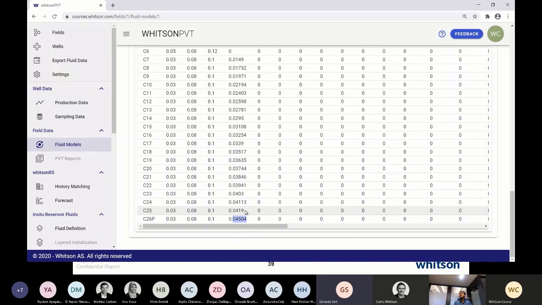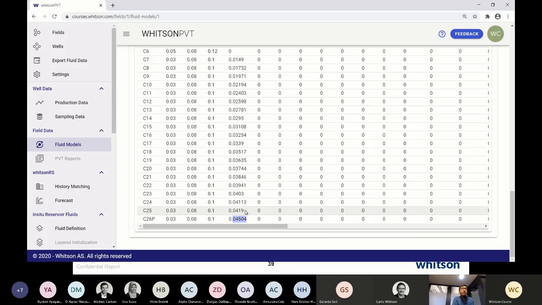Yeah, thanks. And just an additional comment on what Curtis said. When we develop equation of state models, if we have a lot of PVT data, a lot of PVT samples, and good quality PVT data, you can play a bit more with these binary interaction parameter values in tuning the EOS model, because you have a very wide range of composition, pressure, and temperature space to tune your equation of state model on.